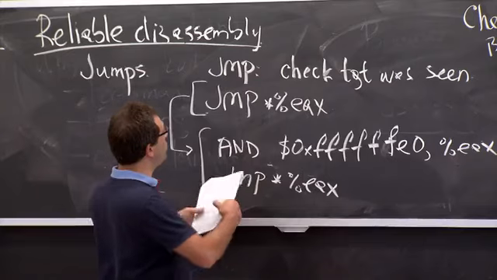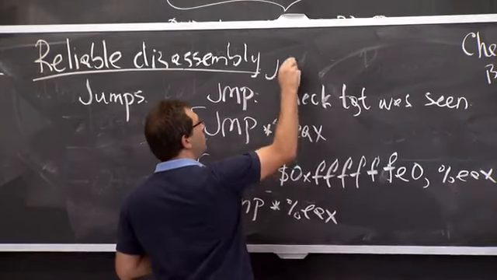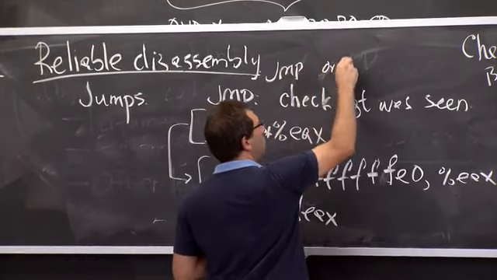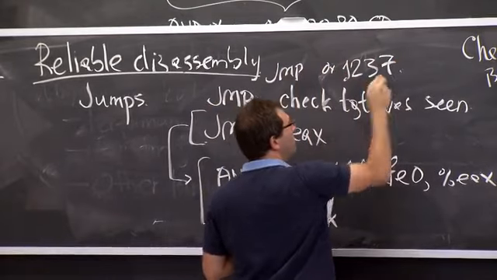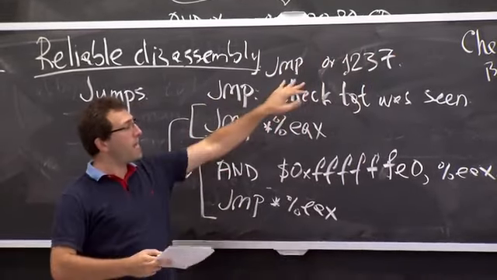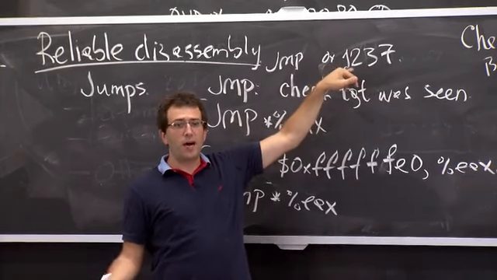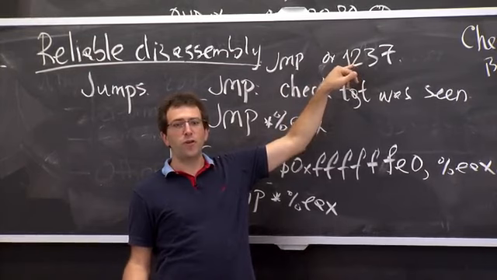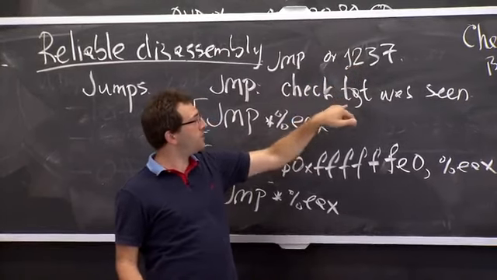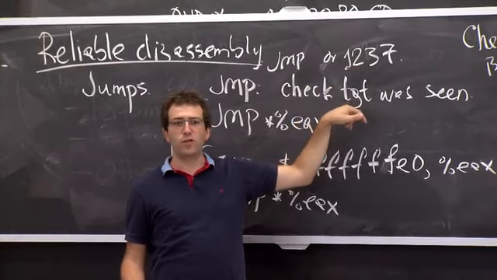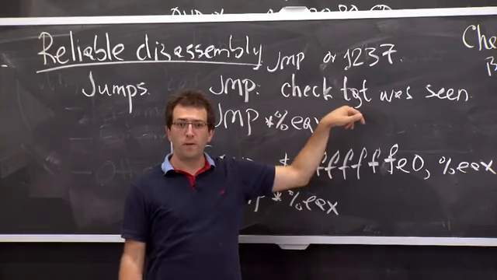So when I see a direct jump up here, maybe I jump to some address, I don't know, 1, 2, 3, 7. That's actually OK. Even though it's not a multiple of 32, Native Client does in general allow direct jumps to arbitrary addresses, as long as that address is an instruction that we saw during disassembly, as we were just talking about.